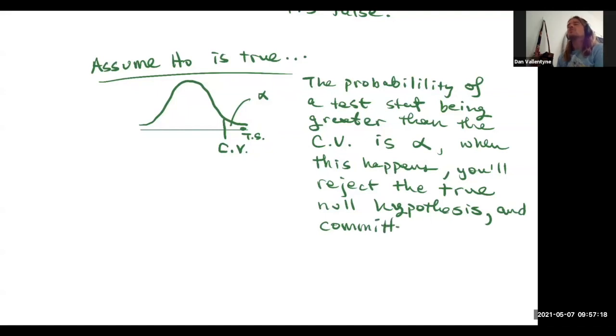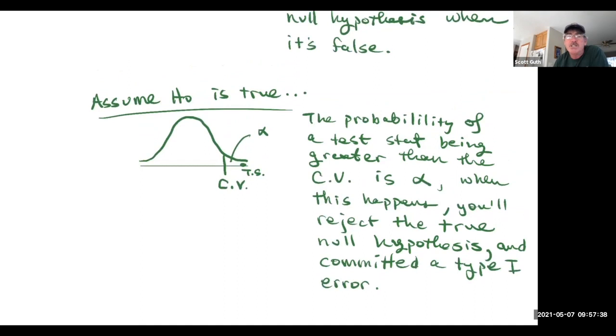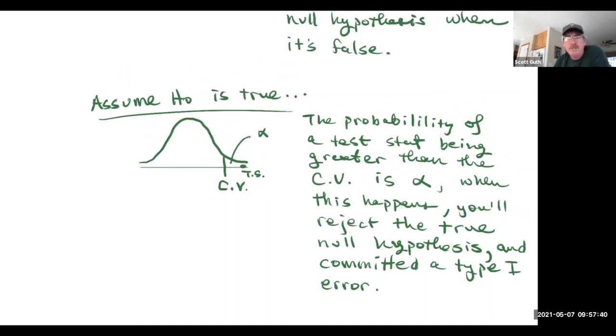Okay, so we're trying to set an alpha that will be at least as extreme as the unknown population parameter, but we don't know what that parameter is. I think you can make it easier than that. I think you can just say, when the null hypothesis is true, alpha is the probability of a type 1 error. And if a type 1 error is a really bad thing, you should pick a small value of alpha.